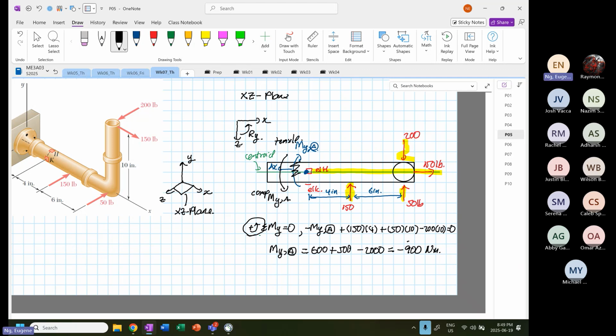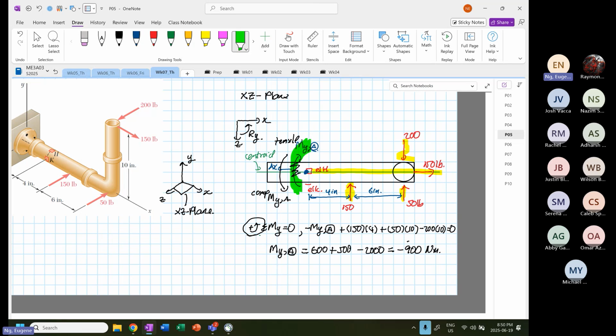Okay, now bear with me. Omar asked a question. Omar, you were saying that this should be positive. Is that what you mean? Sorry, which one? The green one that I highlighted. No, it's negative.